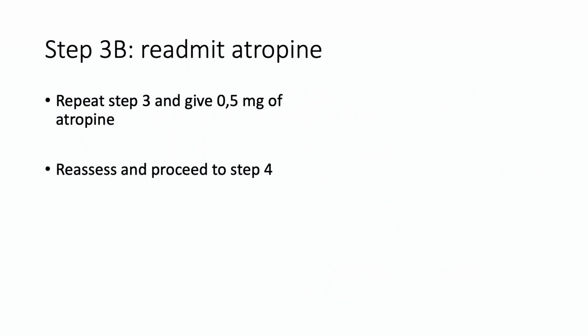So, in the case of one of these, a recent asystole, a Mobitz 2 AV block, a complete heart block with broad QRS or a ventricular pause, then we repeat step 3 and we give 0.5 milligrams of atropine. We reassess and proceed to step 4.